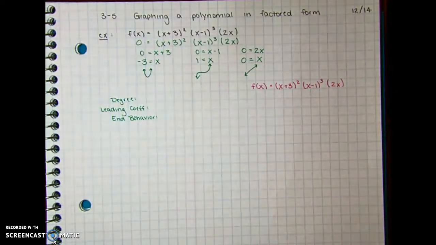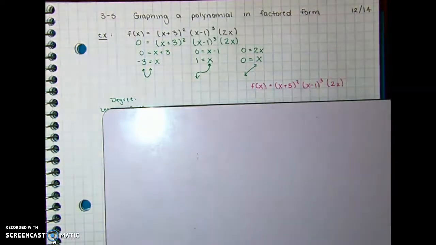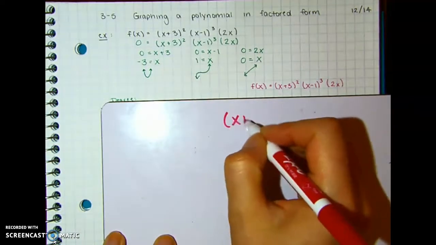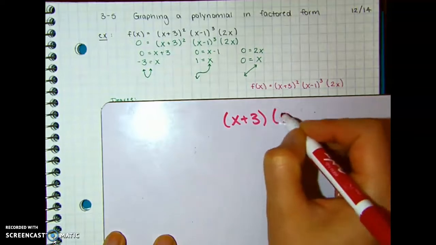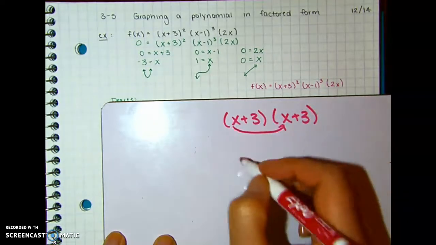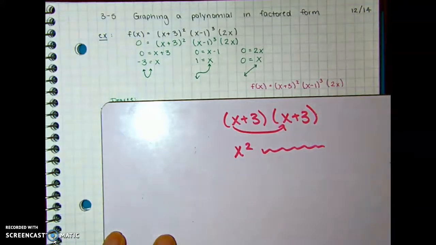if I were to expand this, I'm going to use my whiteboard so that I can show you what I mean. If I were to do x plus 3 squared, that would be x plus 3 times x plus 3. The first thing I would do is multiply these, so I get x squared and then a bunch of other stuff.